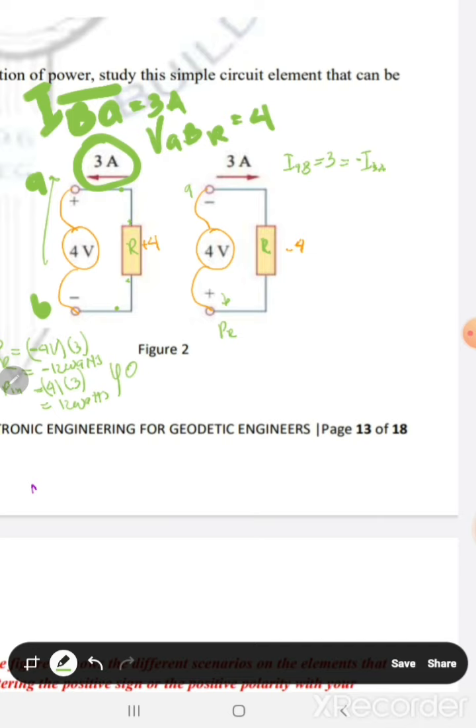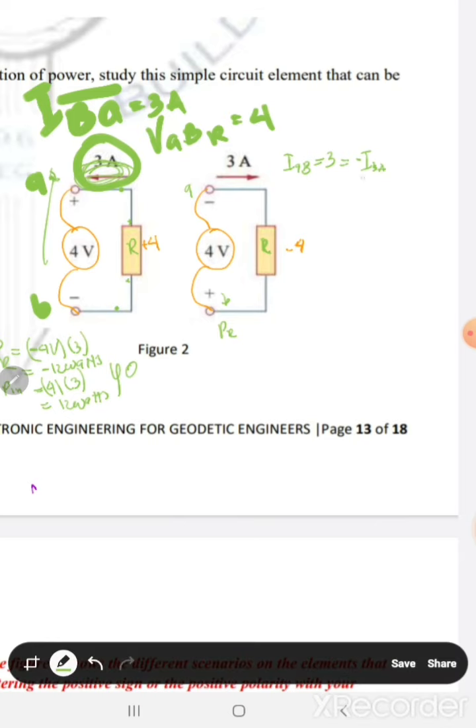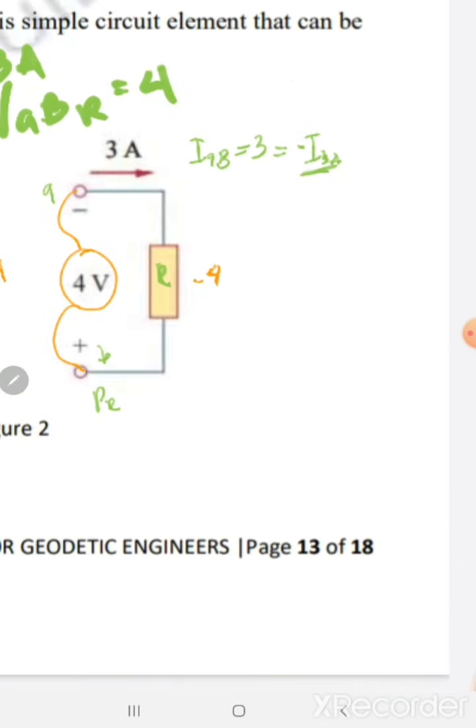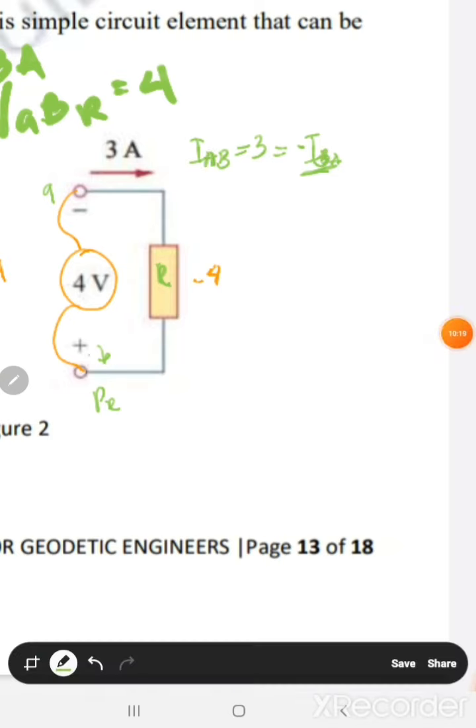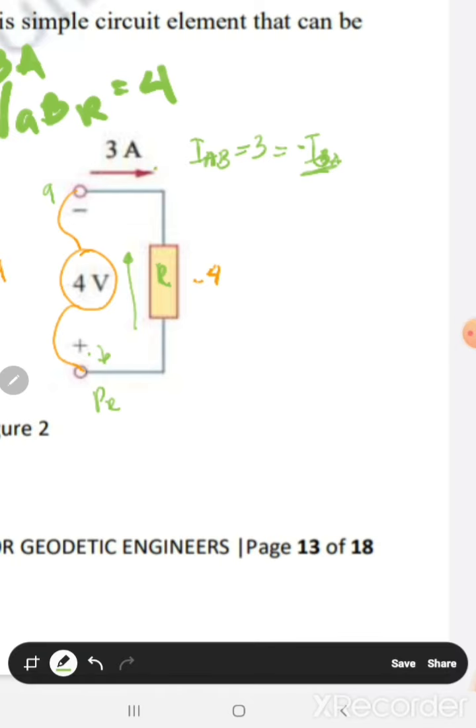So, it becomes negative because you reversed the direction. If you reverse the direction of this current, you reverse your sign. If you oppose this established direction of the current, you should make your sign negative, like here. Okay? Negative of IBA. Why is it negative of IBA? Because my established direction is your IAB, going from A to B. If I make a current going from B to A, I will oppose this. So, it becomes negative. So, that is the law of your charges.